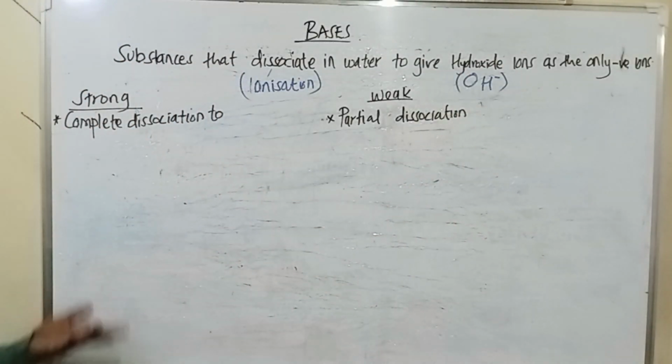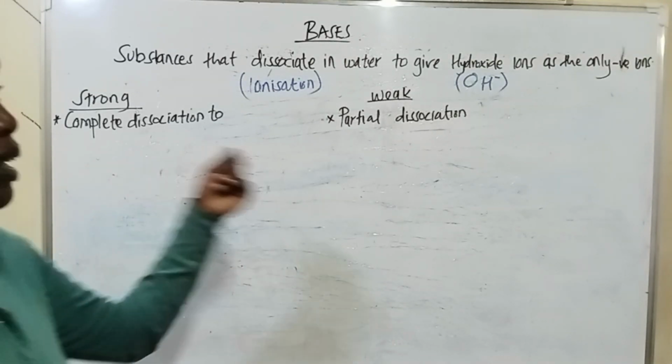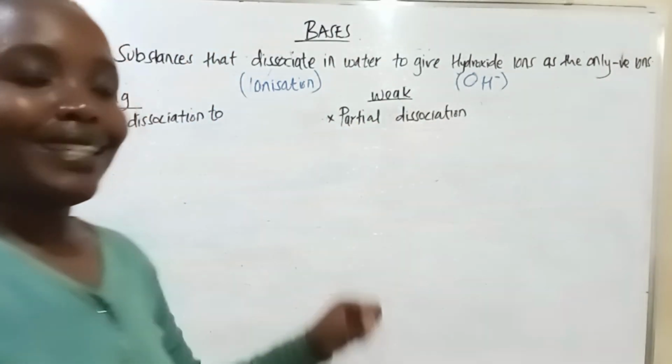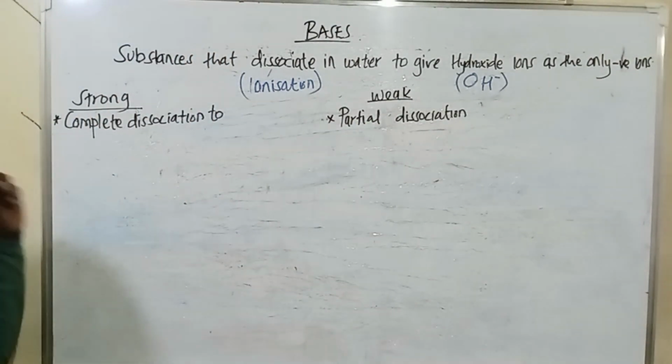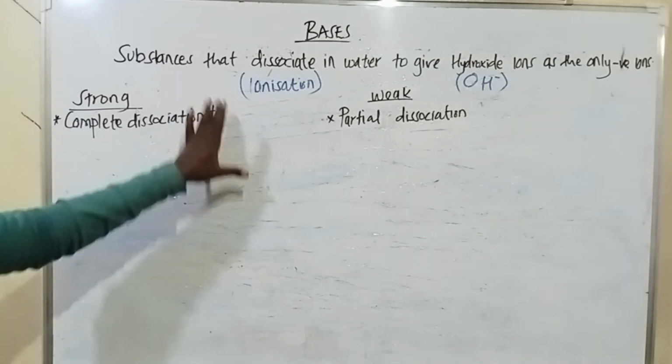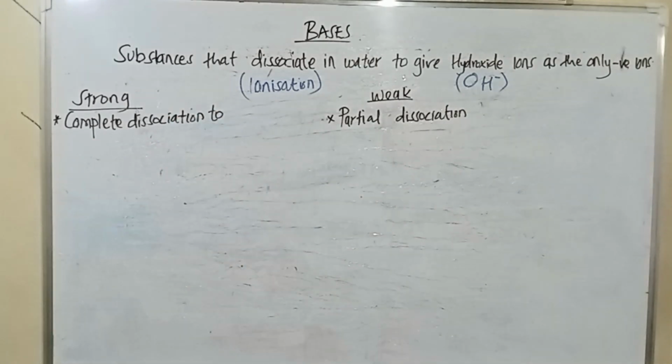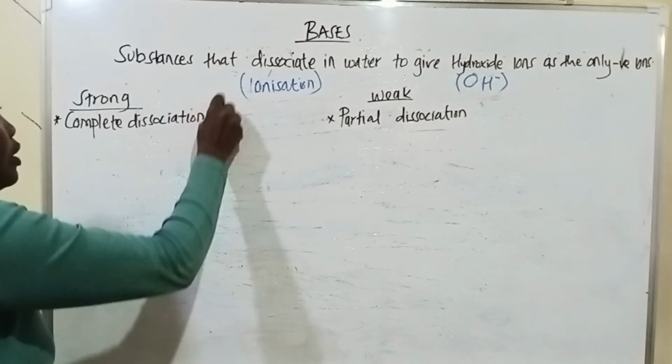So we have two types of bases. In this case, we have a strong and a weak base. Just like acids, strong bases undergo complete dissociation, while weak bases undergo partial dissociation.